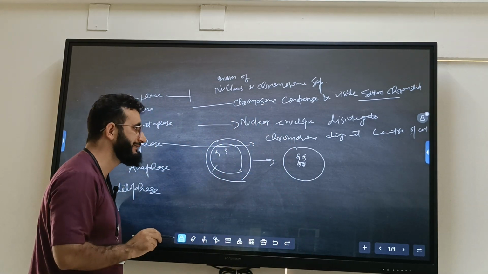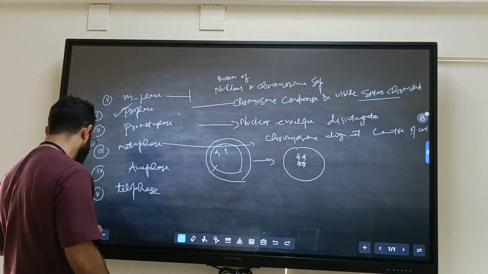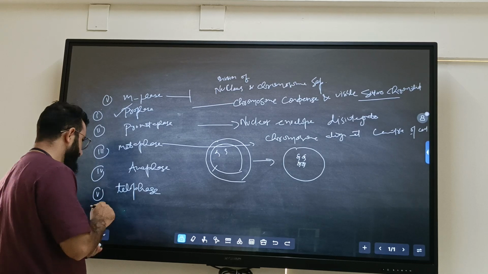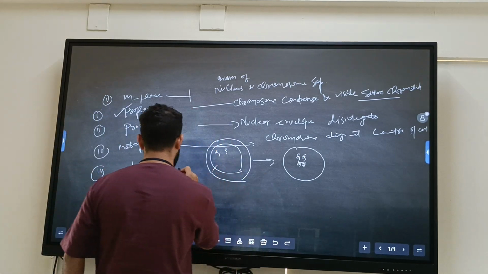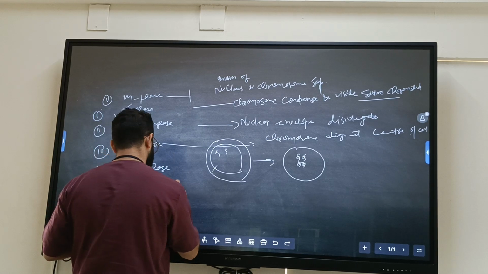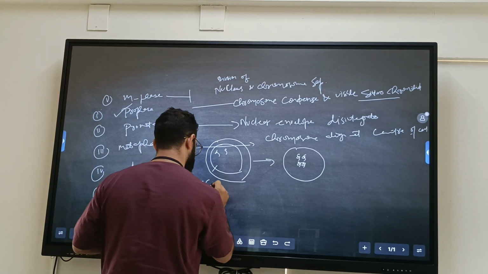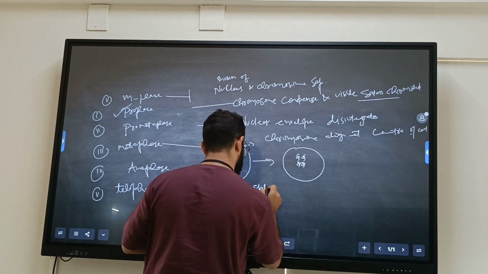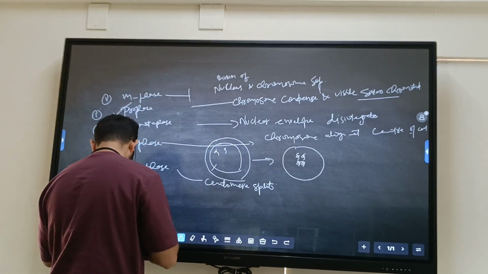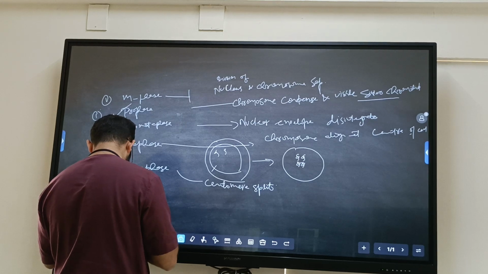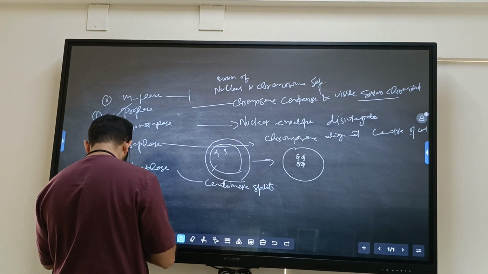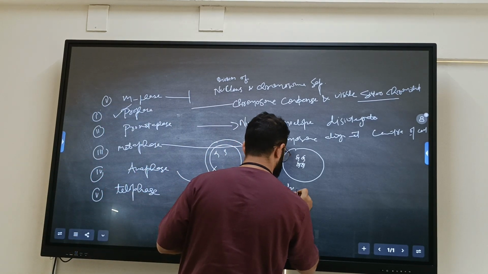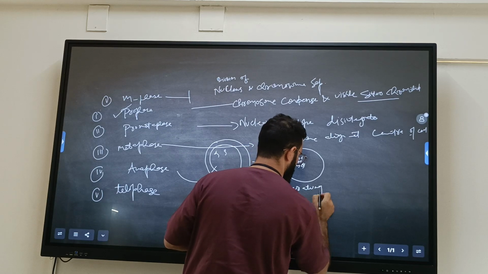Chromosomes align at the center of the cell. And then in anaphase, the centromere splits, separating the sister chromatids.